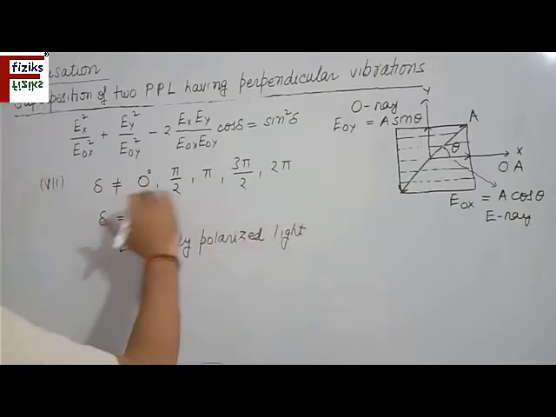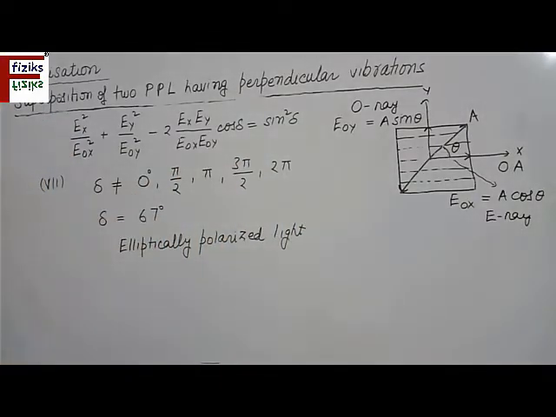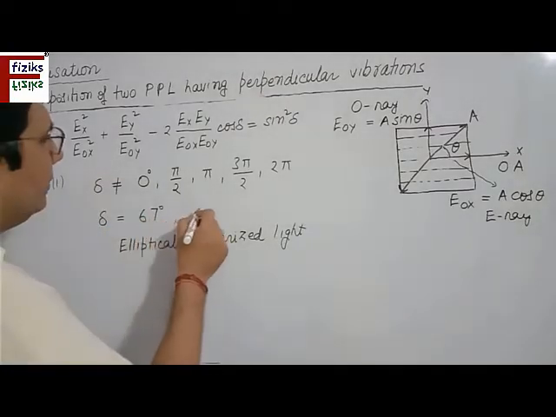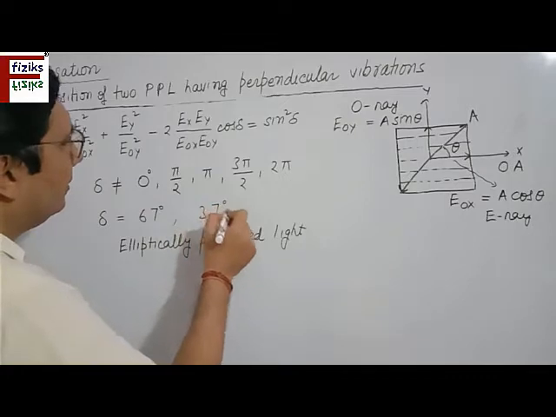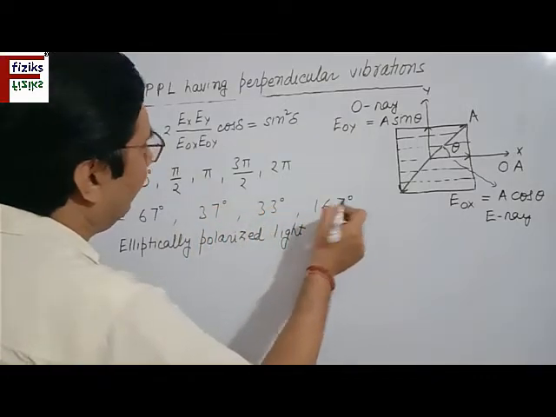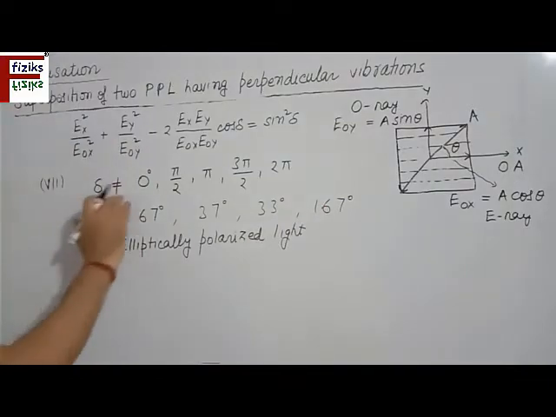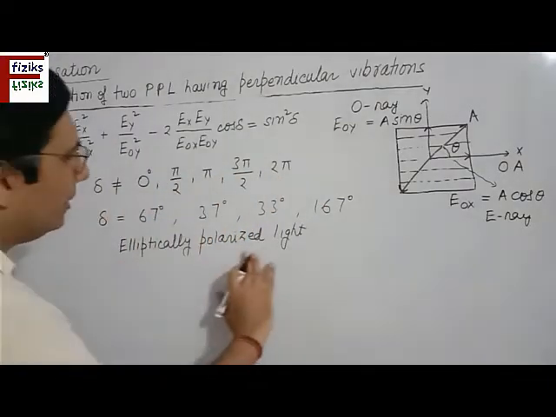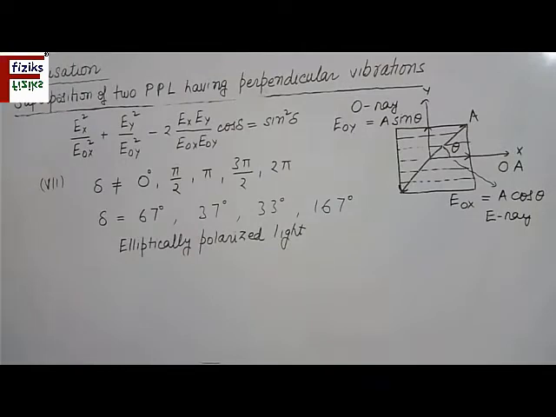So delta can have any value, like 67 degree, 37 degree, 33 degree, 167 degree, whatever its value, but if delta is not equal to these, then on the emergent side we will have elliptically polarized light.